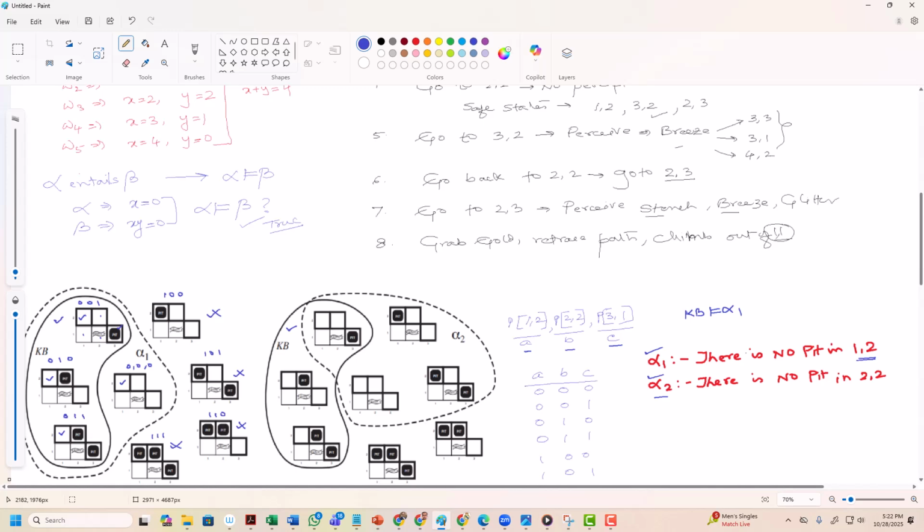Because in every model in which KB is true, alpha 1 is also true. So that means KB entails alpha 1, and there is no pit in 1,2. Also, we can see in some models in which KB is true, alpha 2 is false.